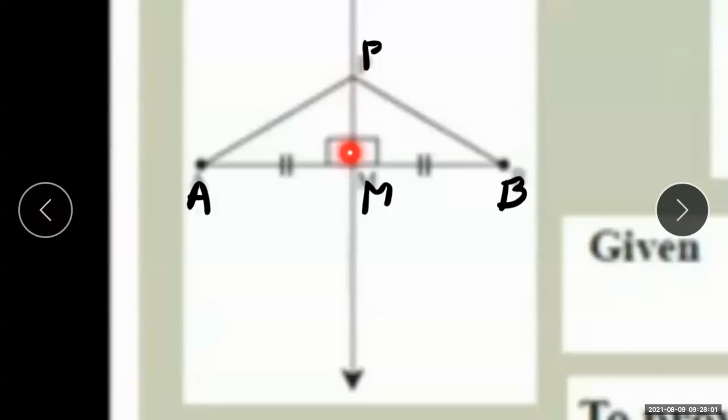That means side, angle, side. By this test of congruency, we put both the triangles as test.